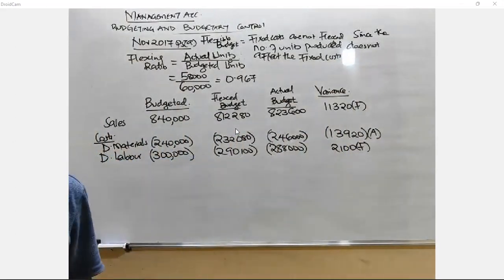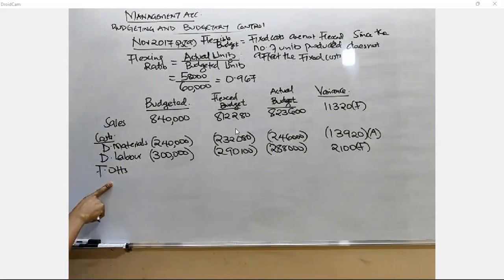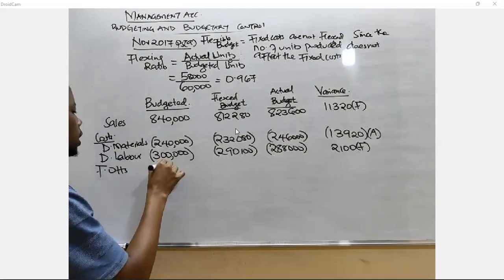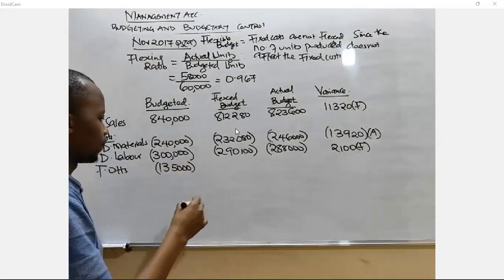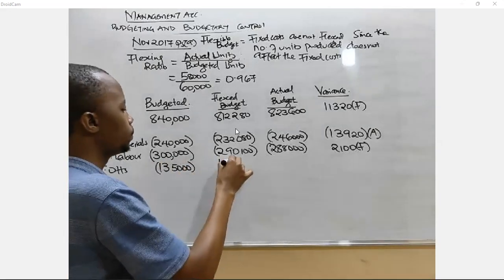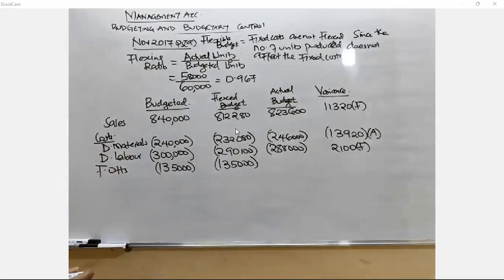Now, when we are looking at the fixed overhead, we have said we don't flex the fixed overheads. So in this case, we have 135,000. You don't flex, you just carry that figure to the flex budget. 135,000 shillings.